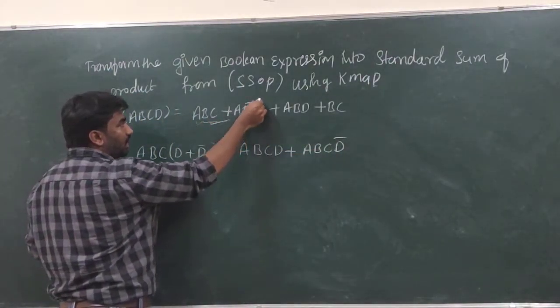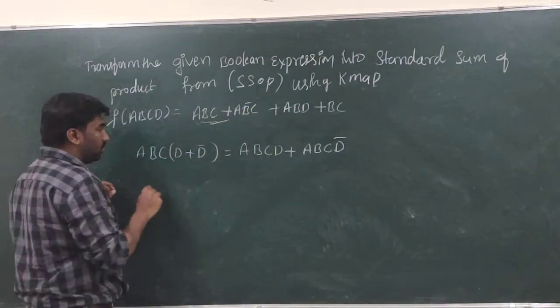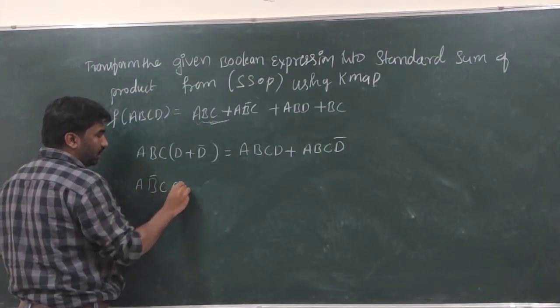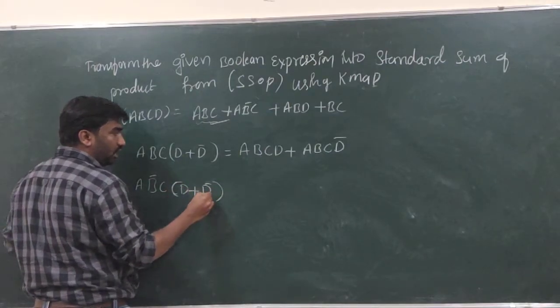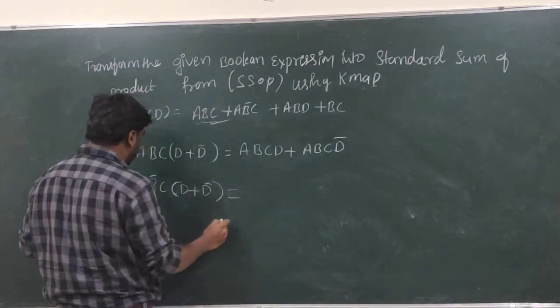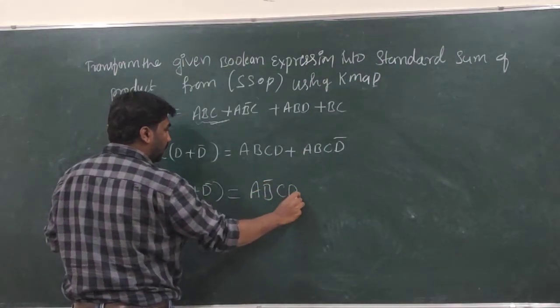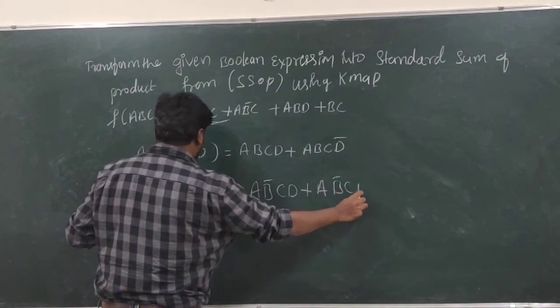Next, here also D and D bar is missing, so again take the term A, B bar, C. Here the missing variable is D or D bar, which we can write as A, B bar, C, D plus A, B bar, C, D bar.